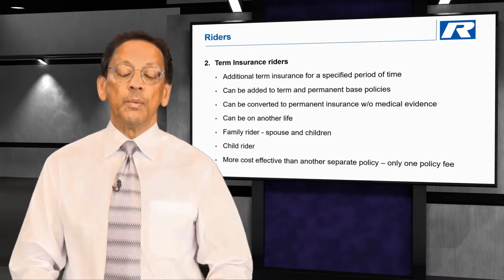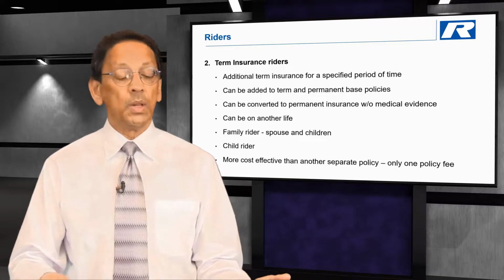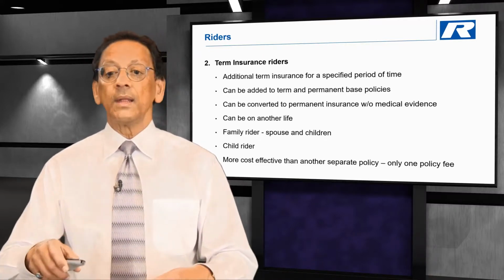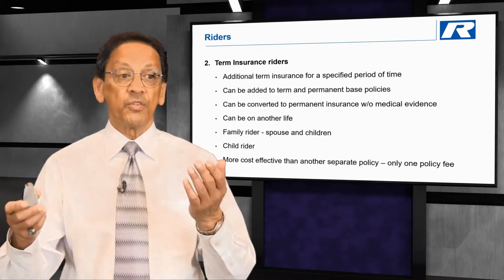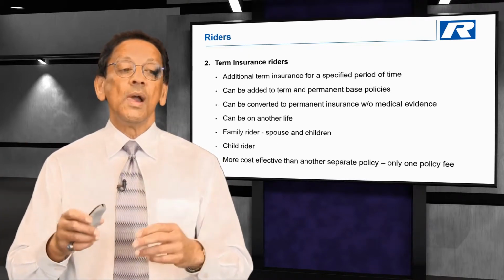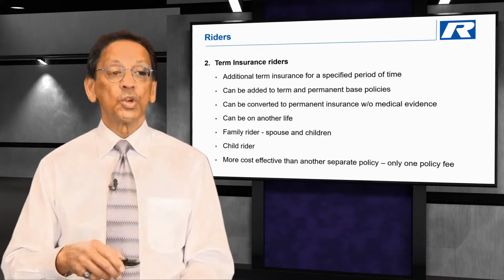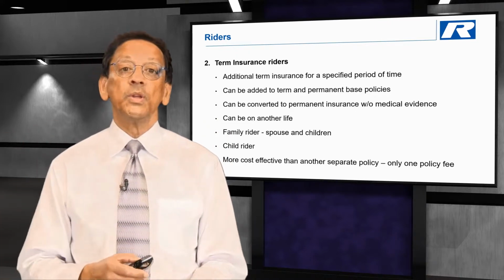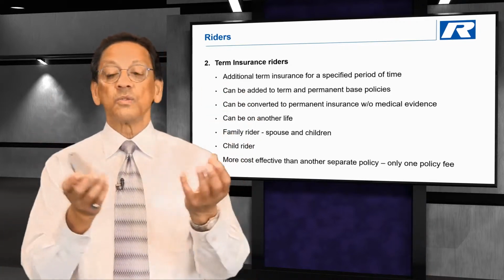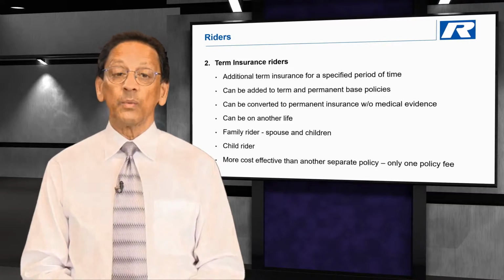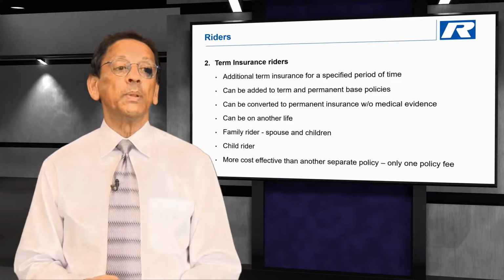So someone can have a base plan of, for example, $100,000 of whole life, and they can add a rider, an additional coverage, which would be a term insurance of, say, another $50,000 or another $100,000 on top of that. So their total death benefit would be $200,000, $100,000 for the term insurance rider and $100,000 for the base plan, which might be a permanent plan.